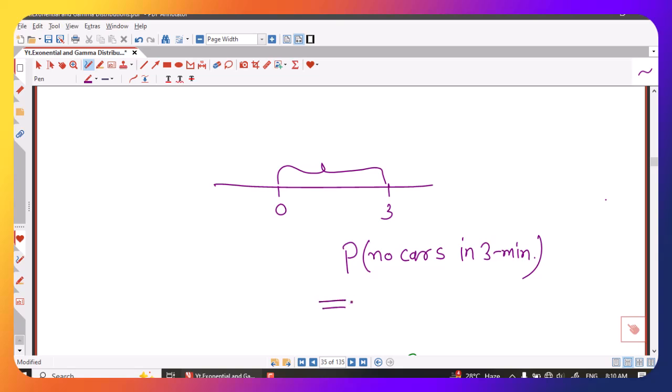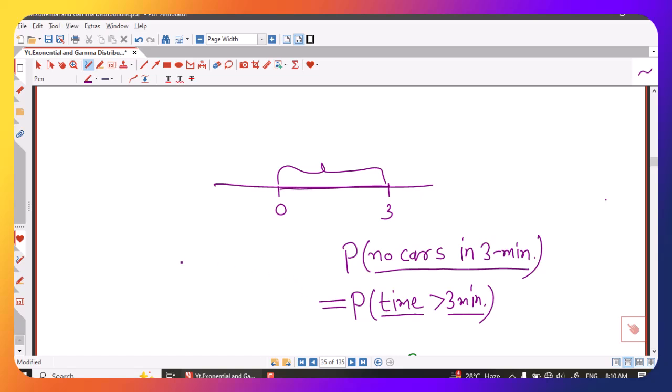This is equivalent to the probability that the time until the car arrival is greater than 3 minutes. If the time until the arrival of a car is greater than 3 minutes, then we can say that there are no cars in the 3 minutes.